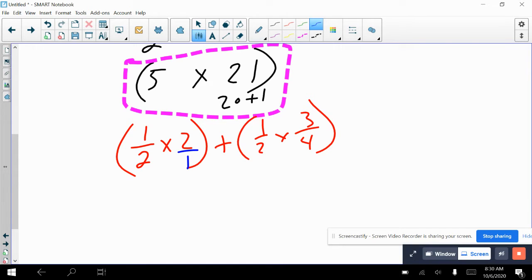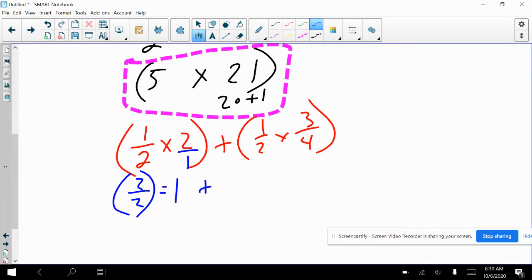So if we do our math that we learned the other day about multiplying fractions, right? The first set of parentheses, we should get 1, right? This will simplify to 2 over 2, which gives us 1, right? Plus, if we look at our second set of parentheses, we do not and cannot cross reduce. 2 doesn't go into 3 evenly, and obviously a 1 we can't do anything with.